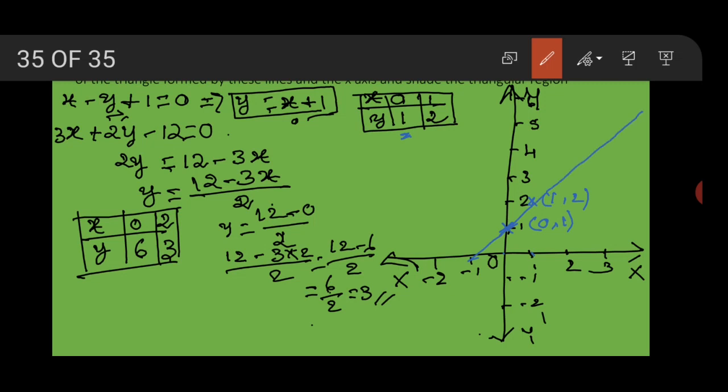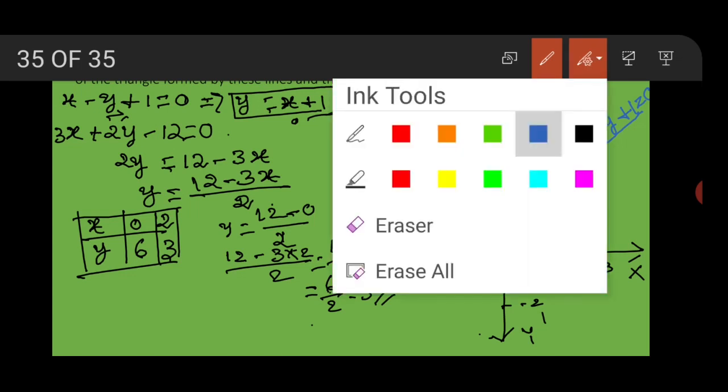If the value of x is 1, y value is 2. So this is the point 1, 2. Now join the two points. This is a straight line for the first equation, x minus y plus 1 is equal to 0.